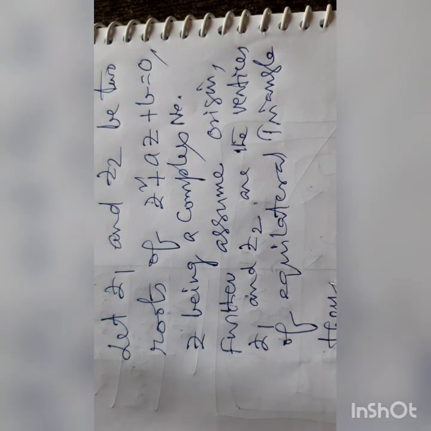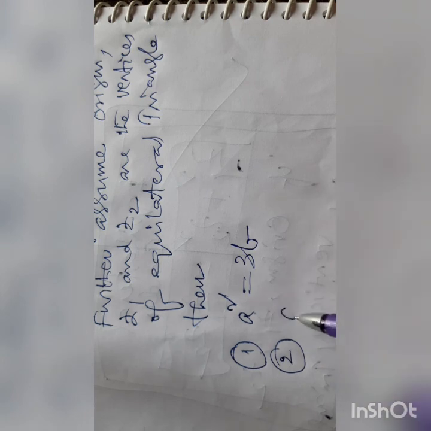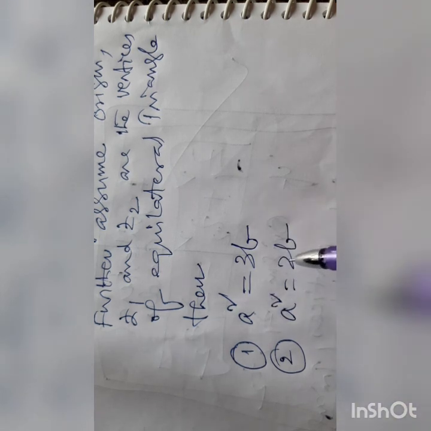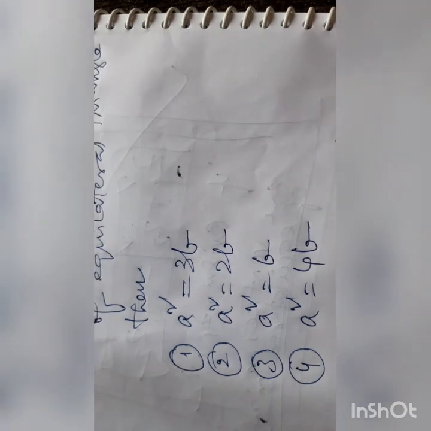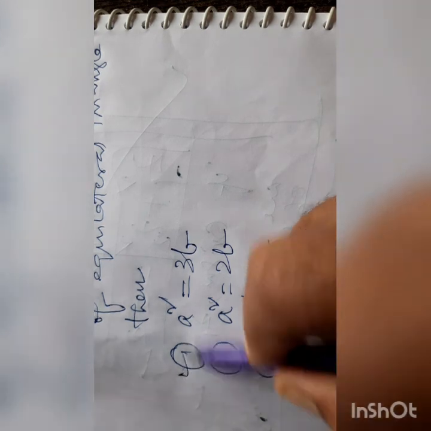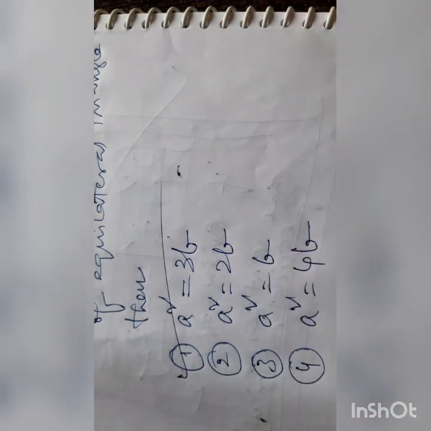Then, first option, A square equals 3B. Second option, A square equals 2B. Third option, A square equals B. Fourth option, A square equals 4B.